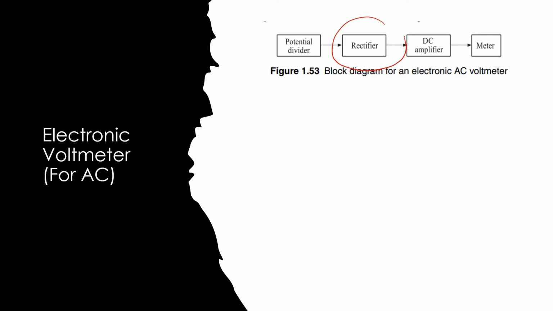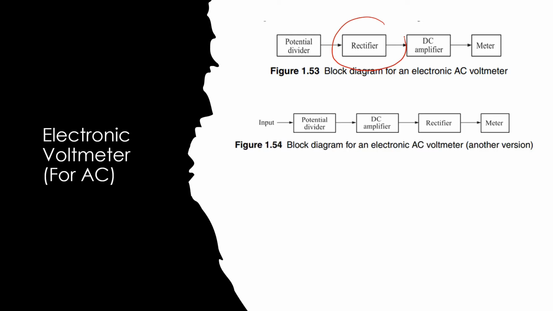However, designing a DC amplifier is more difficult and expensive because the input signal must go down to 0 hertz. The frequency must be 0 hertz. So the input AC signal is first amplified, and then rectified, and then filtered, and we can see the DC meter is used for deflection.